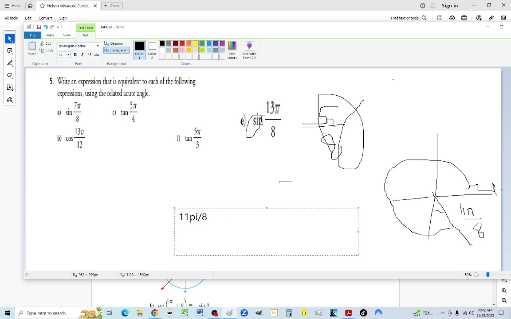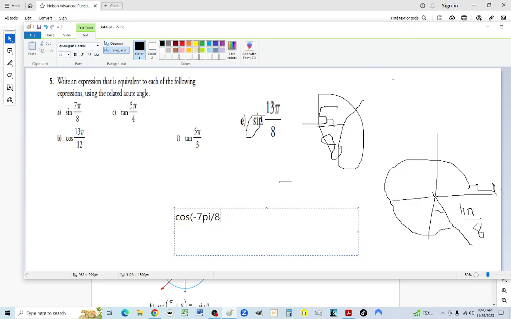But let's find the equivalent. So cosine is going to be pi over 2 minus 11 pi over 8, which is, multiply both by 4, 4 over 8. 4 minus 11, wow, we get minus 7 pi over 8. That's interesting, so we got to go backwards.